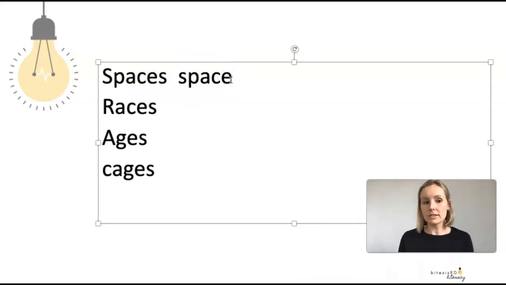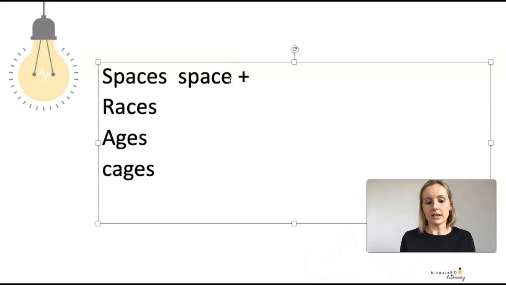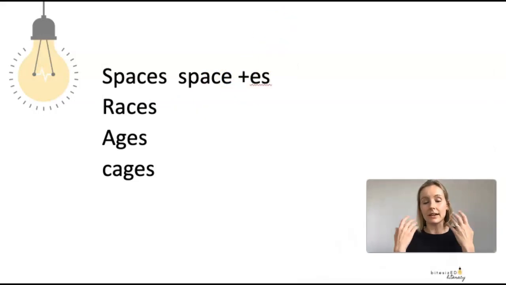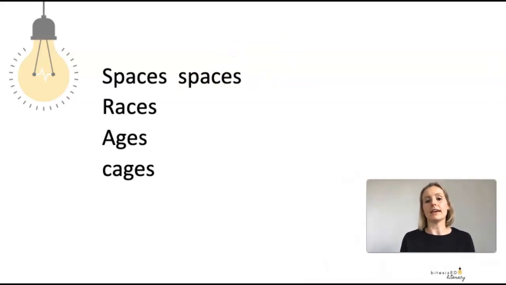So it makes more sense to teach the consistent rule that when you hear the iz, you're adding es. So spaces is space plus es, because we are listening out for that iz sound, and we can't just chuck two e's next to each other, because we can't do that when we add a suffix. So we have to get rid of this e before we add the es.